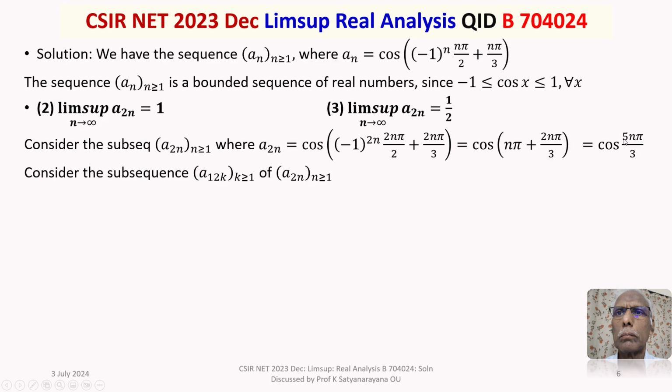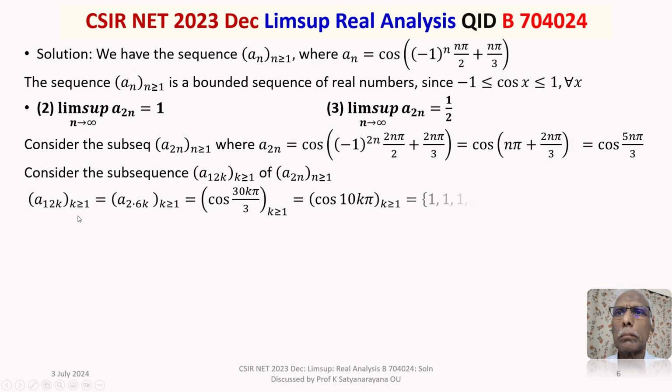Then it is cos of 30n pi by 3. Then it will be 10k pi. So cos 10k pi for various values of k will be 1 only. So a_12k, k greater than or equal to 1, will give rise to the sequence 1, 1, 1, 1, 1, which converges to 1.